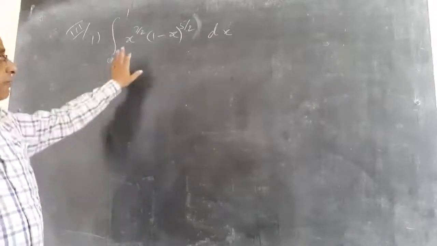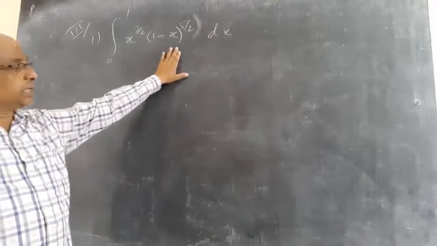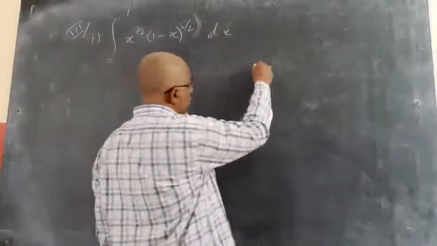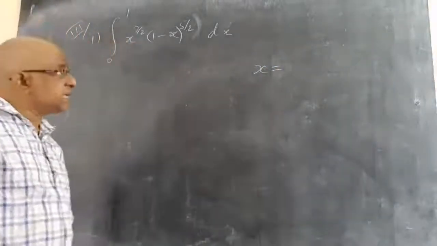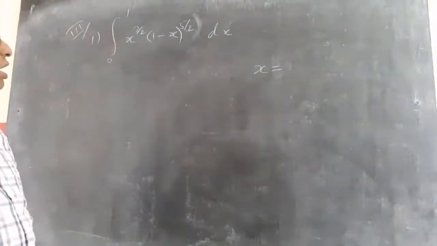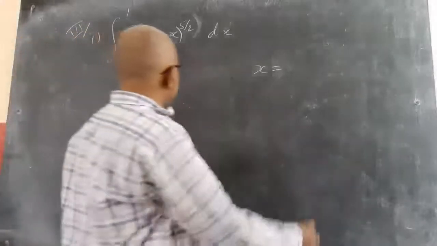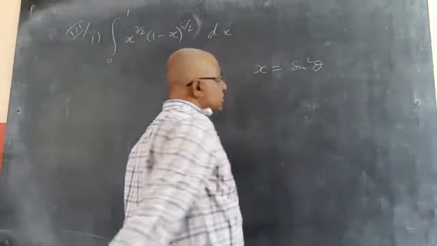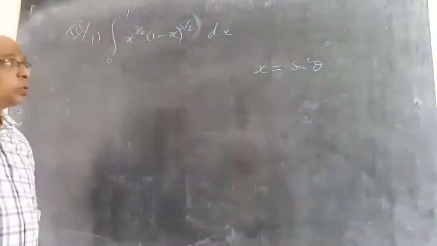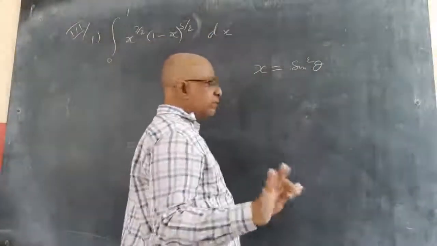Now, here if you observe, you can do this in simple ways. Let x equal to a sin square theta or a cos square theta. Here a is 1, so sin square theta or cos square theta. I will take x equal to sin square theta. 100% you can do it, by taking either sin square theta or cos square theta.